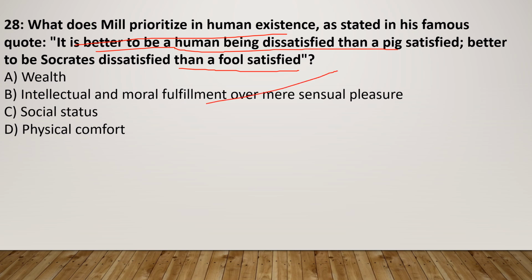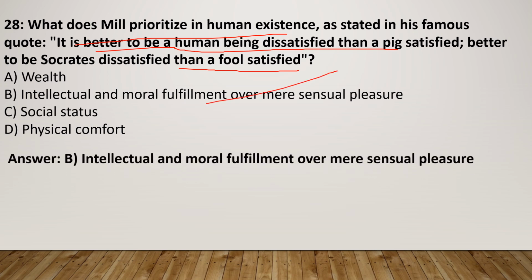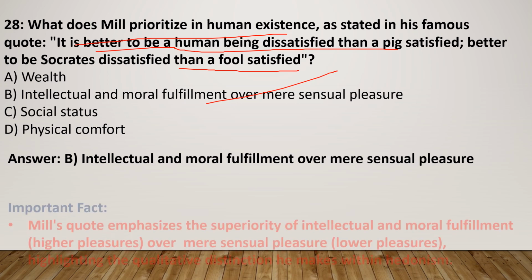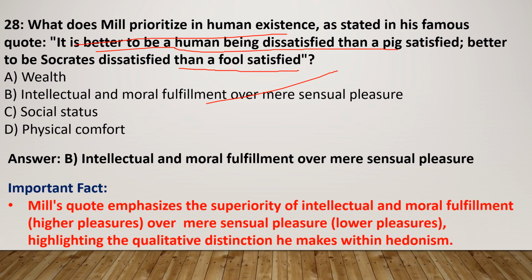Sensual pleasure means lower pleasure. Option B is the correct option. Mill's quote emphasizes the superiority of intellectual and moral fulfillment, that is, higher pleasures, over mere sensual pleasure, lower pleasures, highlighting the qualitative distinction he makes within hedonism.